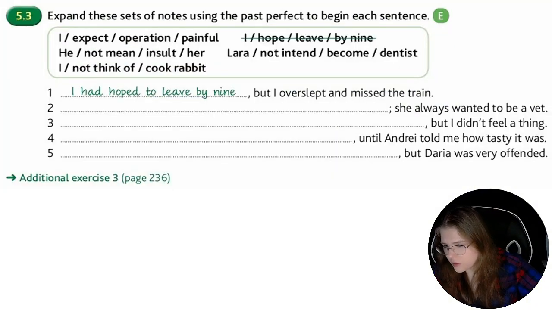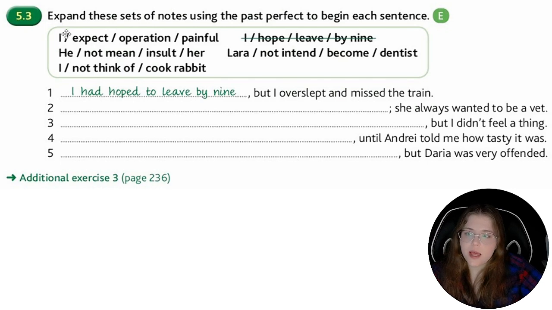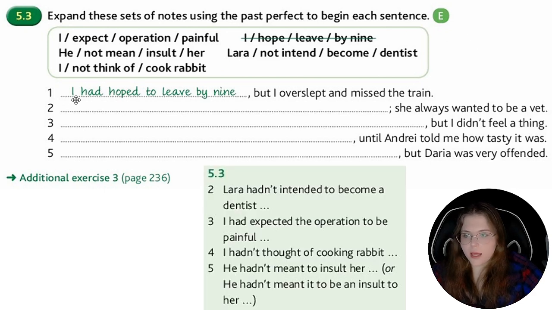And our last exercise for today: expand these sets of notes using the past perfect to begin each sentence. I had hoped to leave by 9, but I overslept and missed the train.